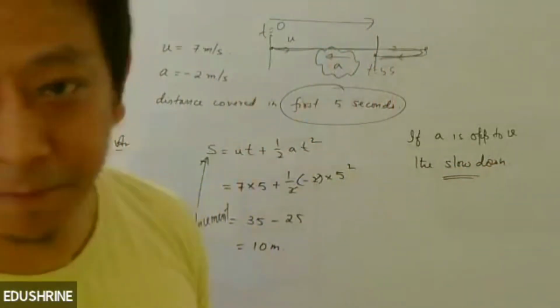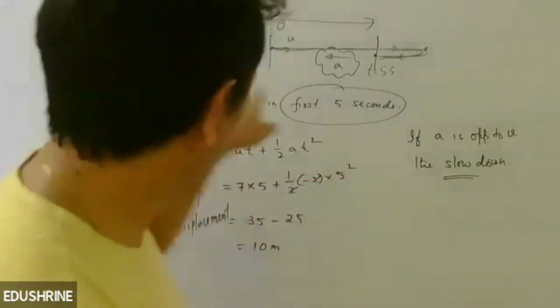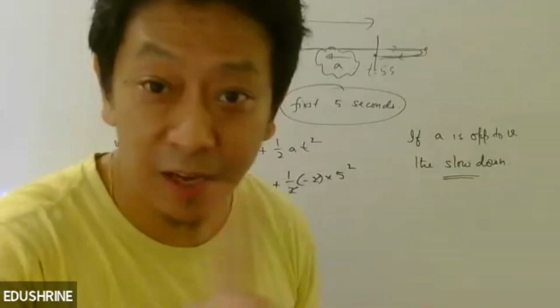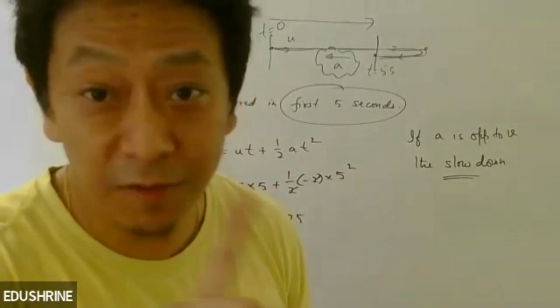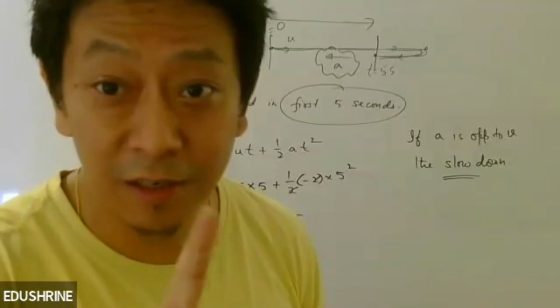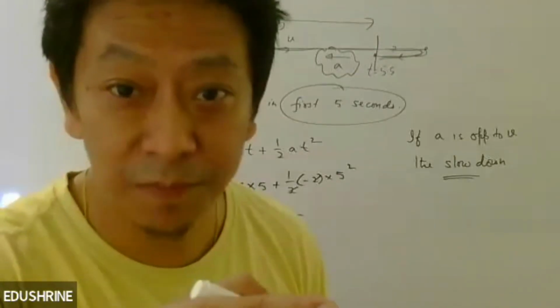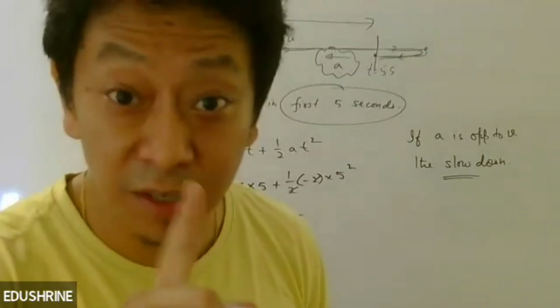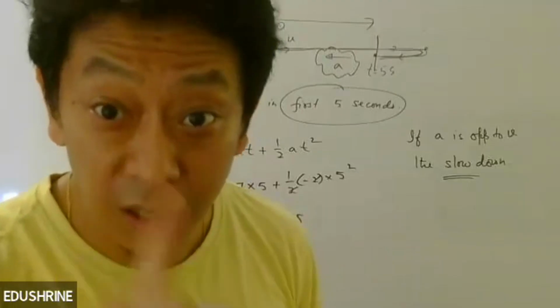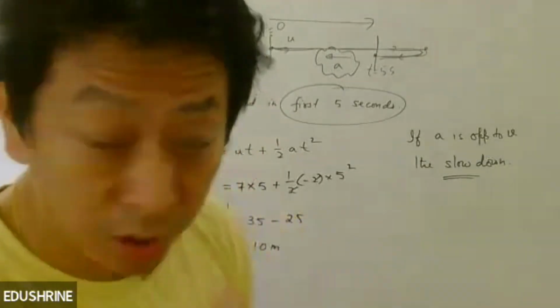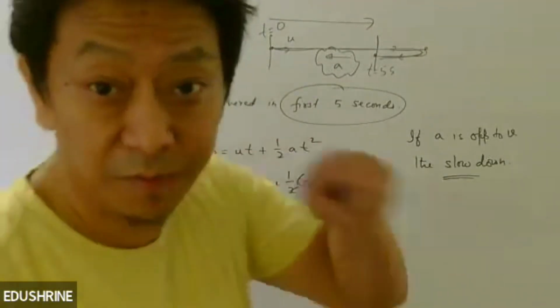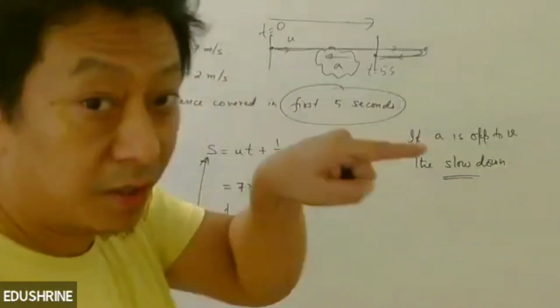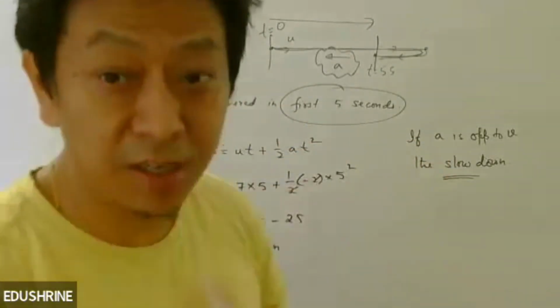That you please remember. That doesn't mean if A is negative, it will slow down. A negative doesn't mean retardation all the time. You are no longer in school. A negative means retardation only if U is positive. If velocity is positive and A is negative, then it is retardation.